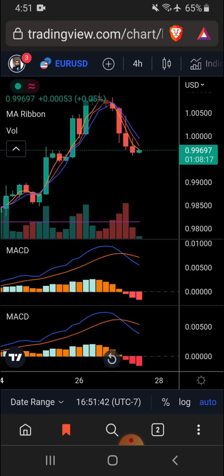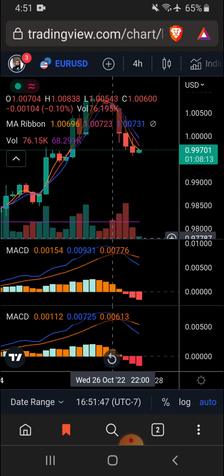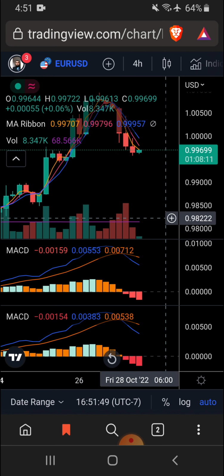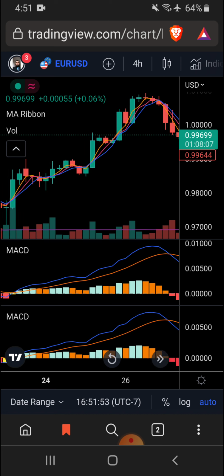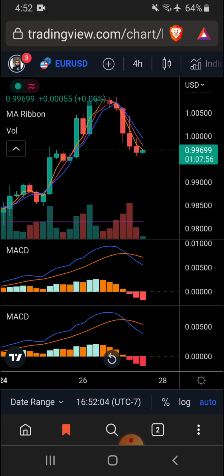I haven't tested that out, but right now it tells me high volume times. Those are basically the highest volume times for the last 365 candles. So it shows you the average volume for the last 365 candles. If you're above the average volume, that's potentially indicating high volume pretty much.